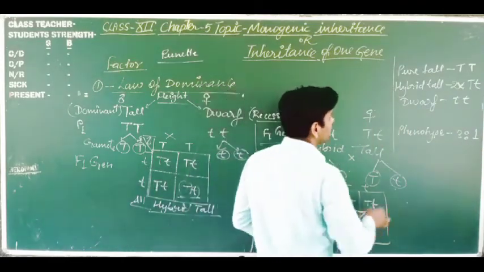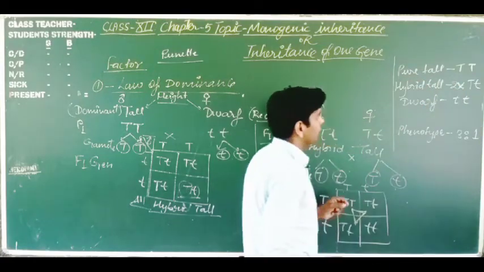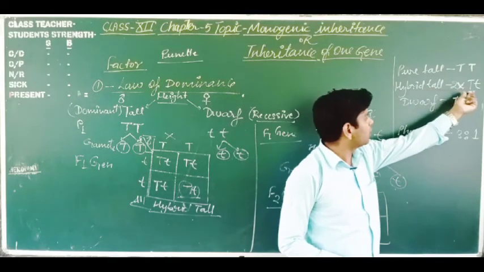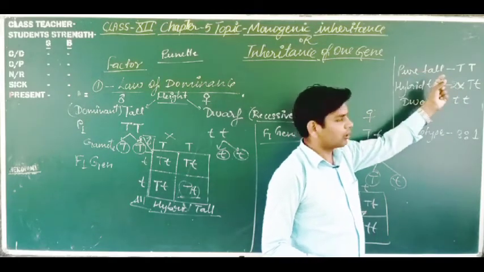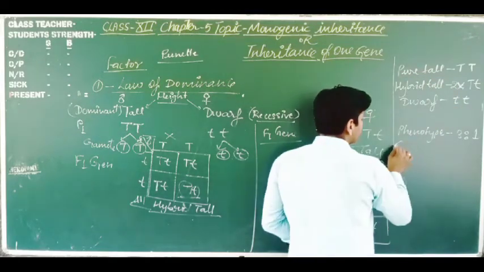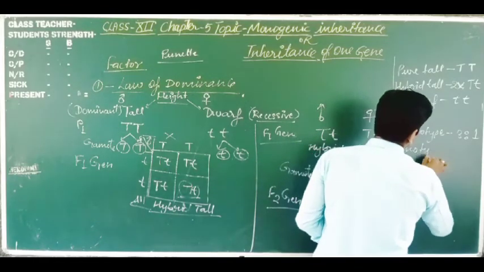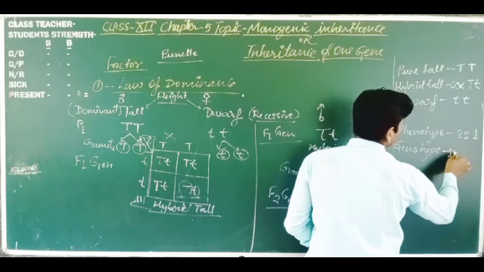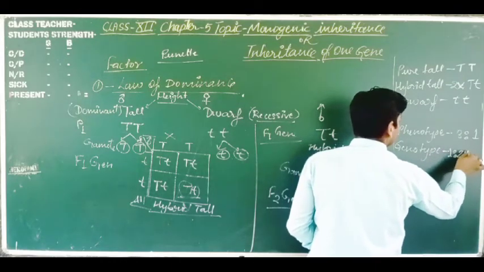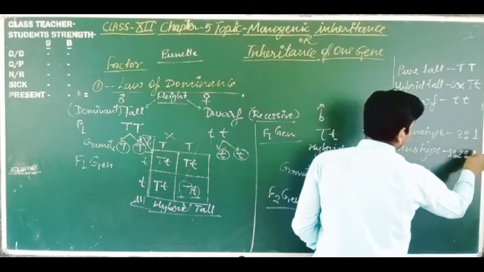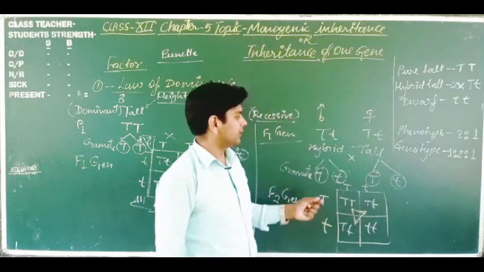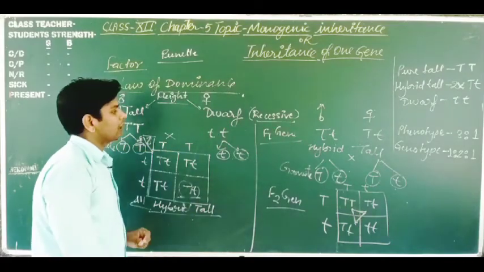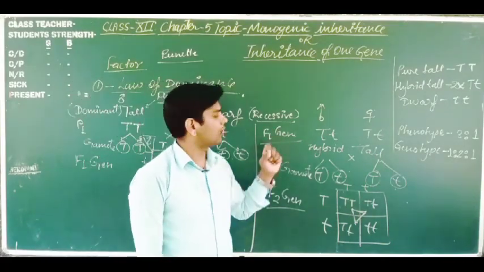And for the genotypic ratio, genotypically we see how many are hybrid tall: these are 2 hybrid tall, 1 pure tall and 1 dwarf. So the genotype is 1 pure tall, 2 hybrid tall, and 1 dwarf. This is the ratio 1:2:1. Got it? So you must remember the phenotypic and genotypic ratio of the monohybrid cross.